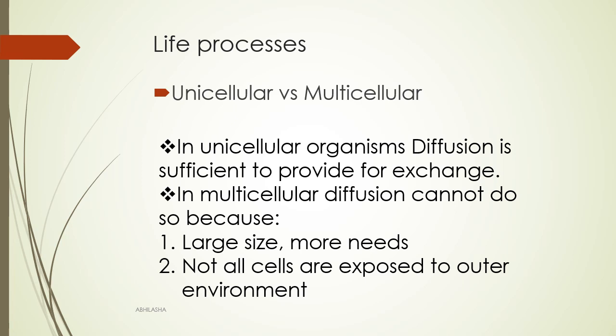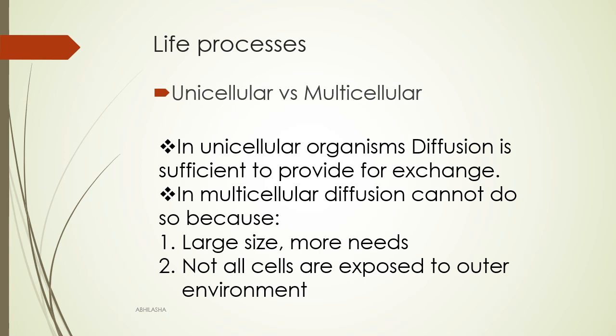Now, there is one very important difference in unicellular and multicellular organisms with respect to how these life processes are performed. Unicellular organisms are very small, so small that their entire surface area is exposed to the environment. So diffusion in itself is sufficient to provide for the exchange of material between the cell and the environment.